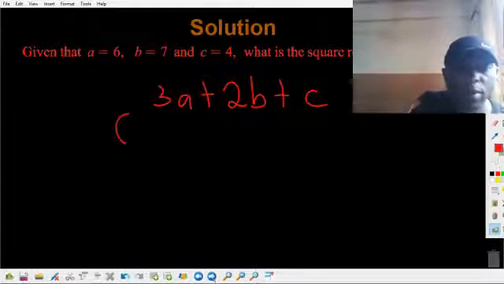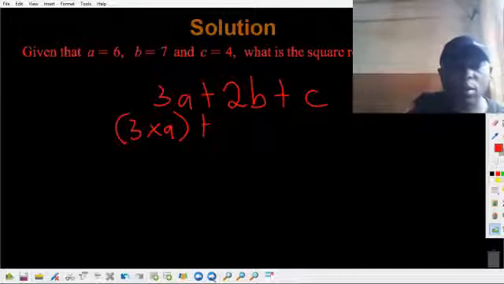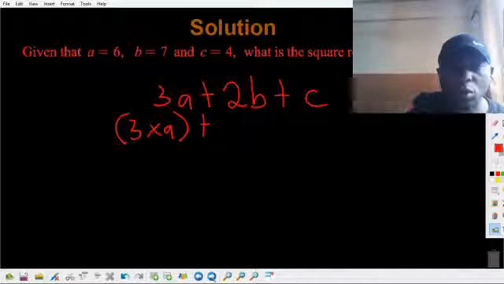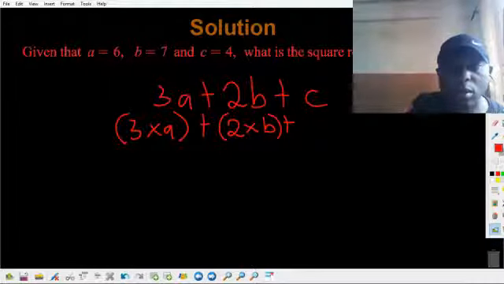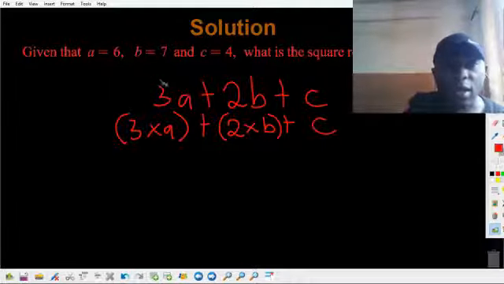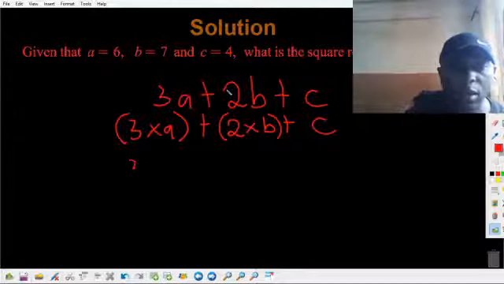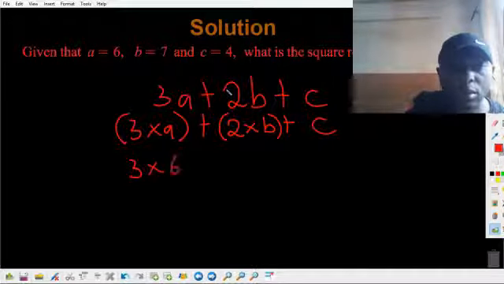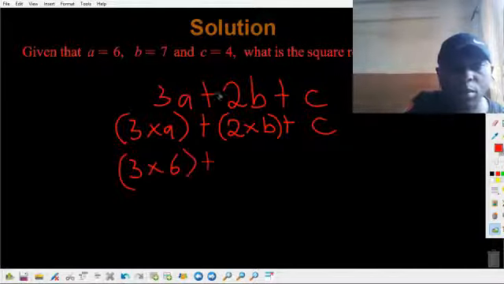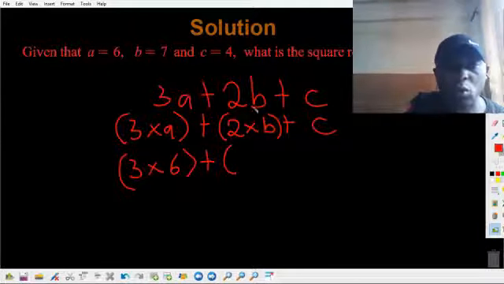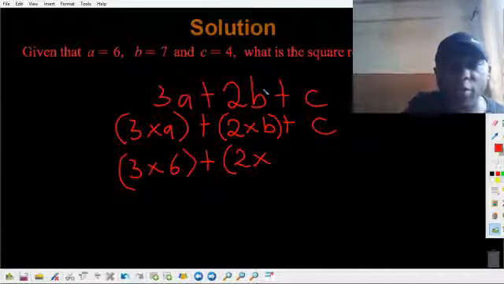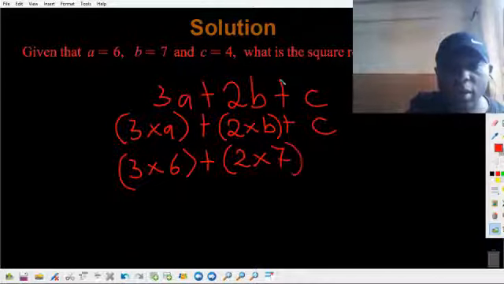Open bracket, 3 times A, close bracket, plus, right? Open bracket, 2 times B, close bracket, plus C. The value of A is 6, so we say 3 times 6 in brackets, plus, open bracket, 2 times B. What's the value of B? 7. Close bracket, plus C. Value of C is 4.